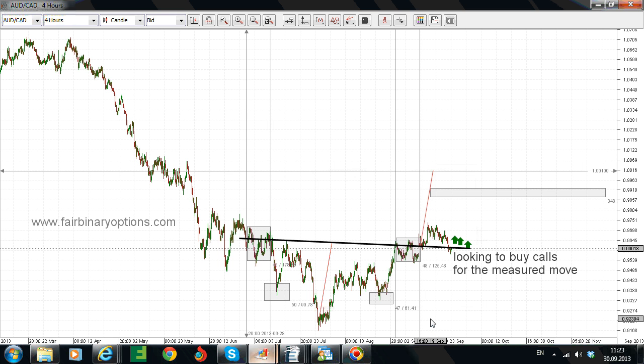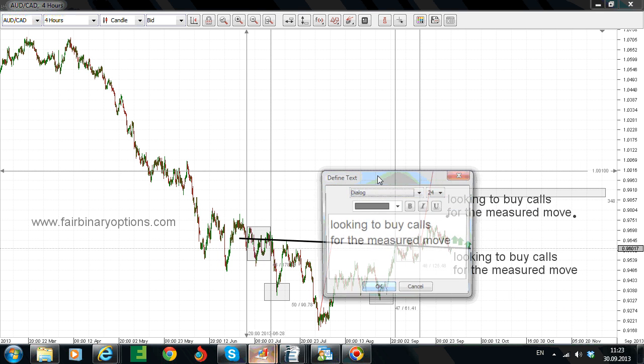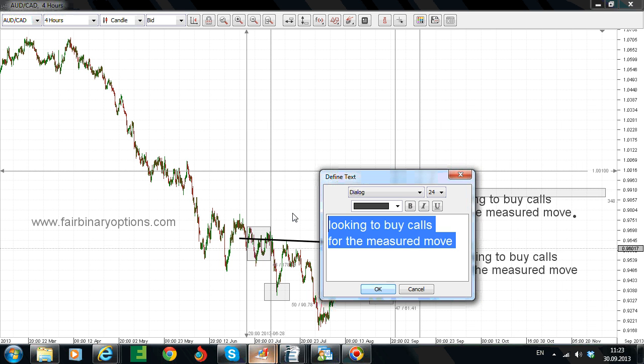Normally the expiration date should be higher than 1 week. So I would say, let's just write here that I would go for 1 week or even 2 weeks expiration dates.